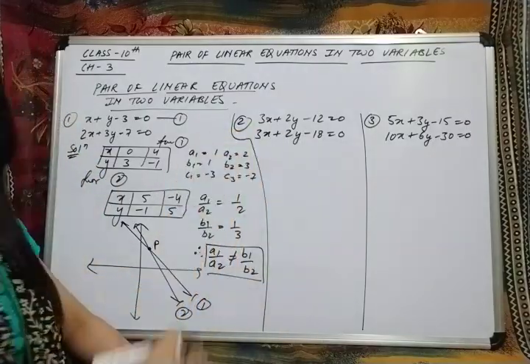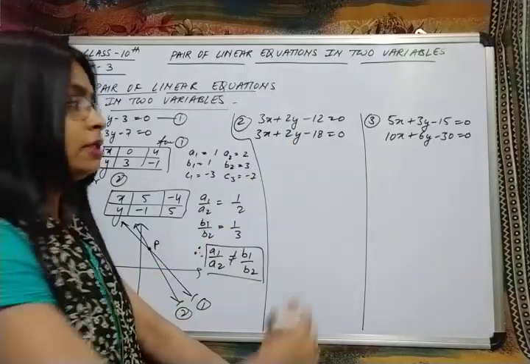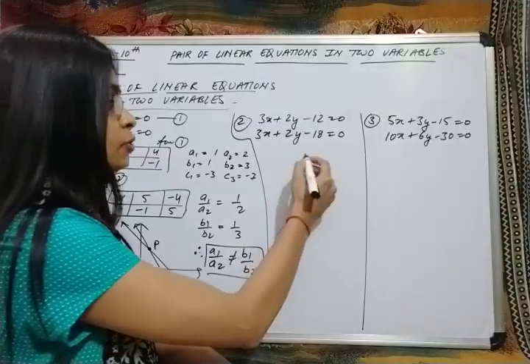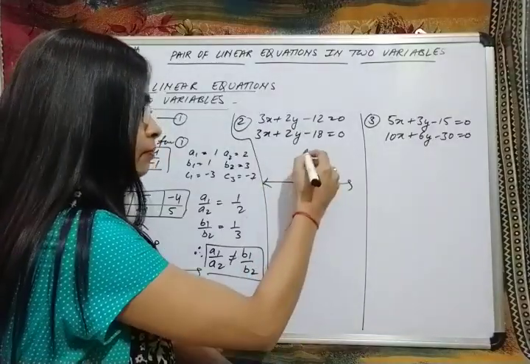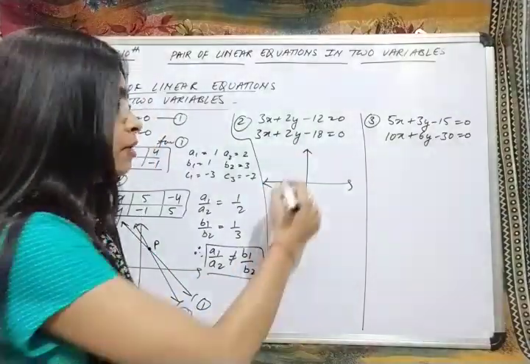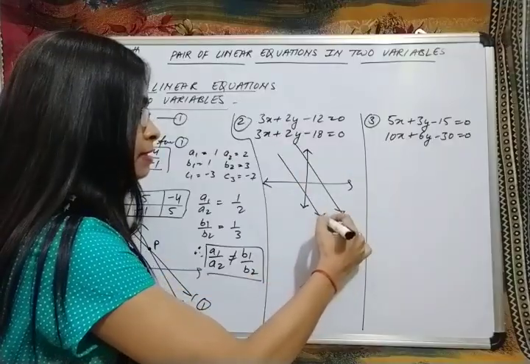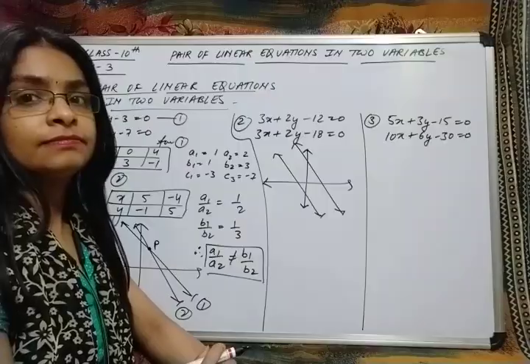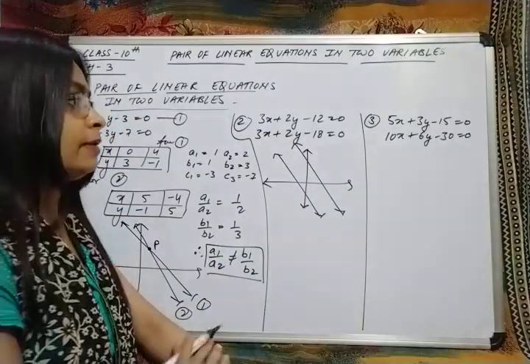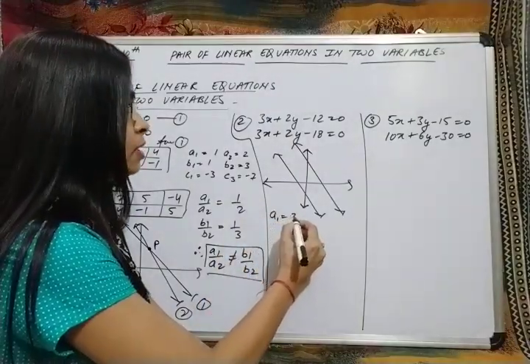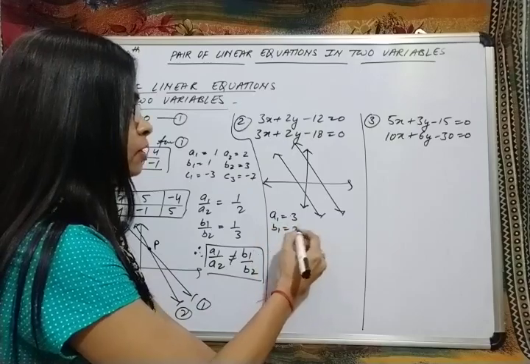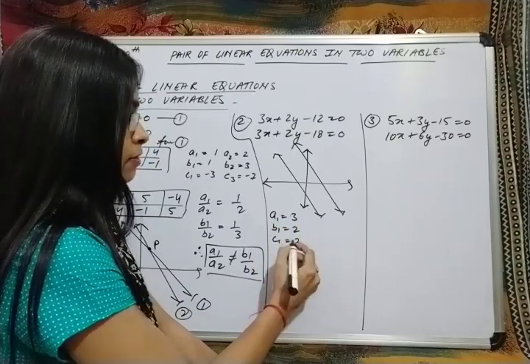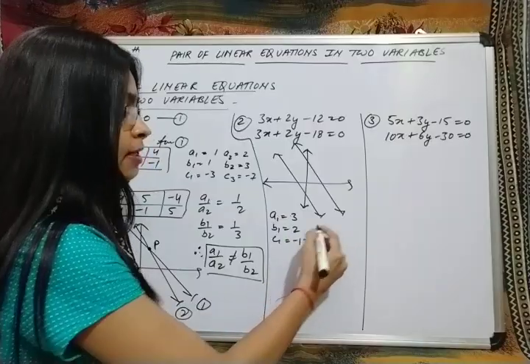Now similarly see this equation. If you find the solution, you can try at your home, and plot it in the graph, we will get parallel lines. They will never intersect. Now what is the condition here? A1 is equal to 3, B1 is equal to 2 and C1 is equal to minus 12.